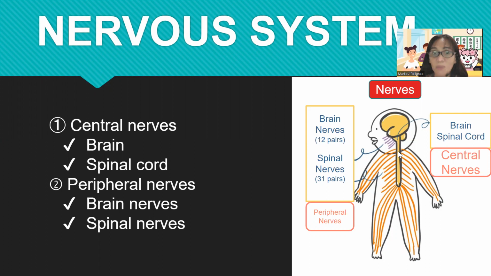So, siya po ang nag-give ng information sa ating katawan, analyze and makes judgment, and gives order to the rest of the body. So, yun po ang ating central nerves, ang brain spinal cord. Siya yung nagbibigay ng information and nag-gather ng information or give the order to the rest of the body.